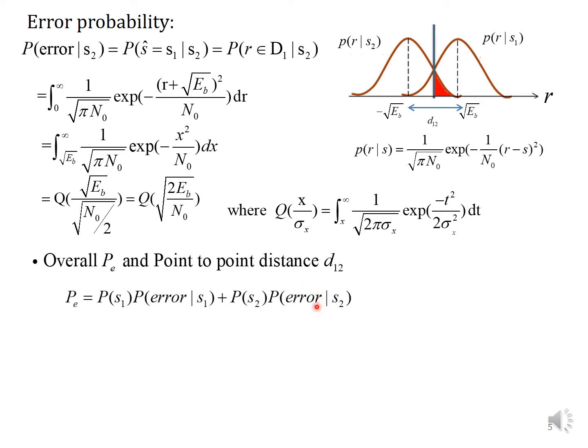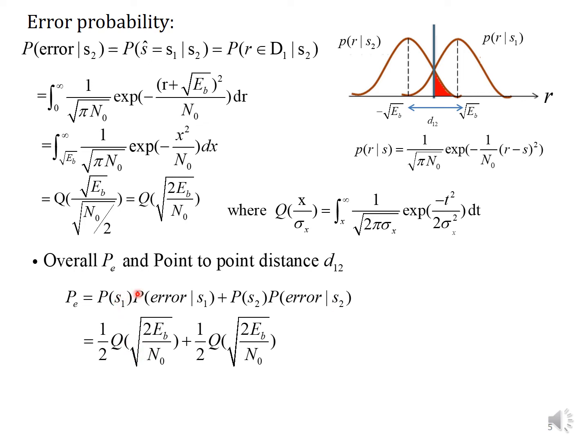So the overall error probability would account for the error cases of all the symbols: the error for S1 and the error for S2. That is the probability of S1 times the error probability of S1, plus the probability of S2 times the error probability of S2. That would be the overall error probability.